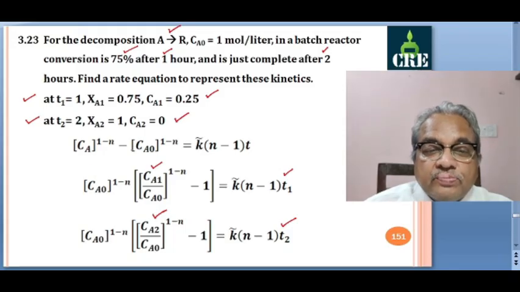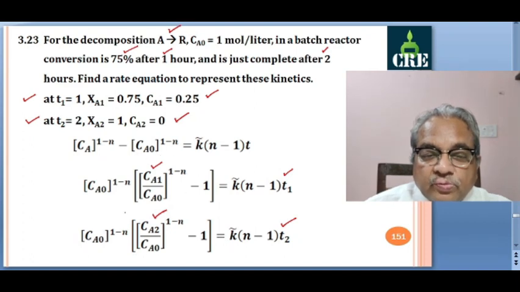From this equation, I divide throughout by Ca0 raised to 1 minus n, which is taken outside the bracket. And Ca raised to 1 minus n divided by Ca0 raised to 1 minus n can be written as Ca1 by Ca0 raised to 1 minus n, and this divided by the same term, Ca0 raised to 1 minus n, is 1.